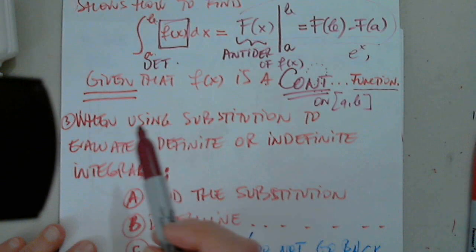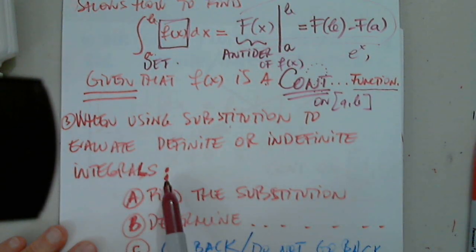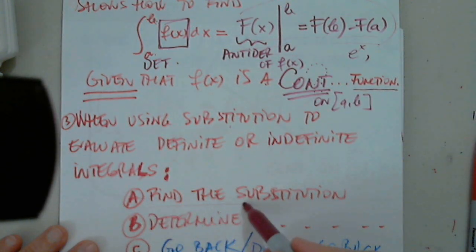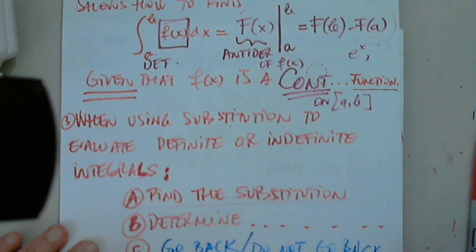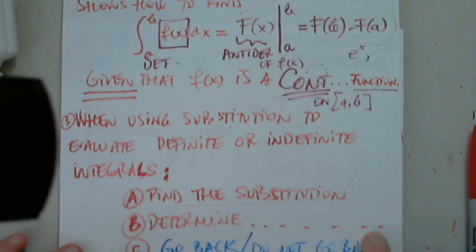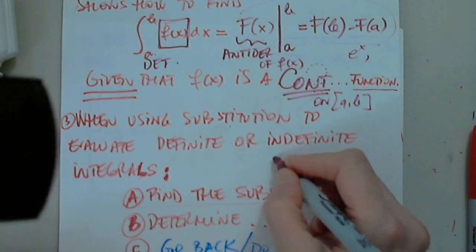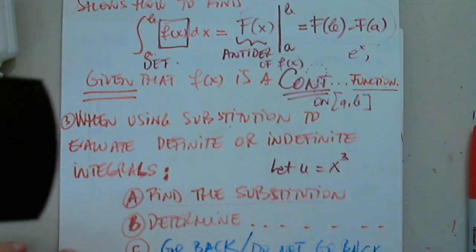Perfect. Awesome. When using substitution to evaluate definite or indefinite integrals, we have the following steps. Find the substitution. Any letter you want, depending on what function is given in the integral. Then what do we need to determine? After I state the substitution, let's say, let u be x cubed.